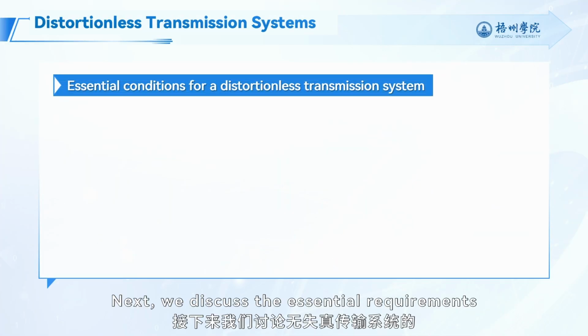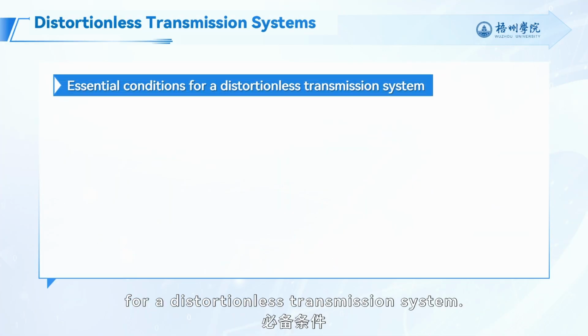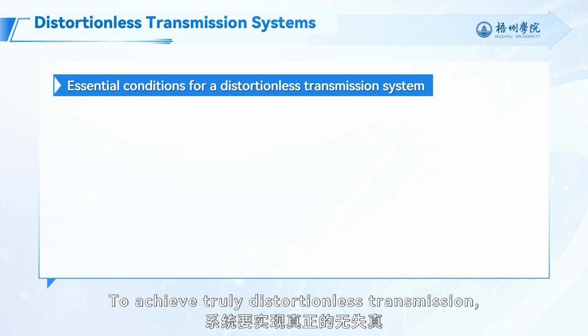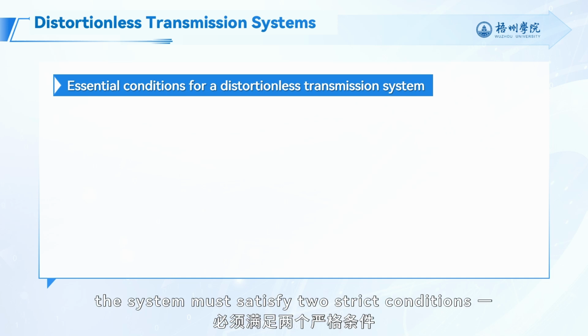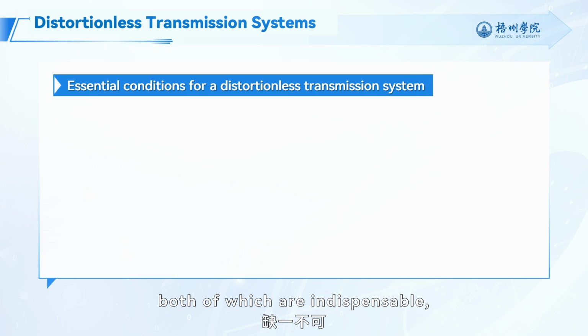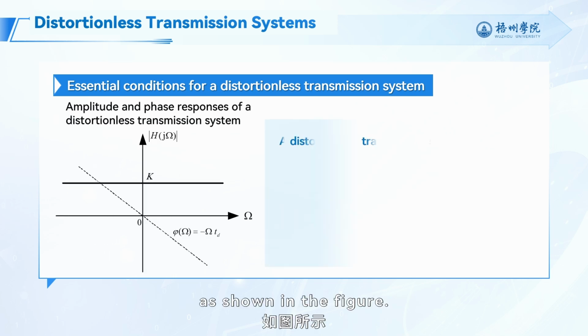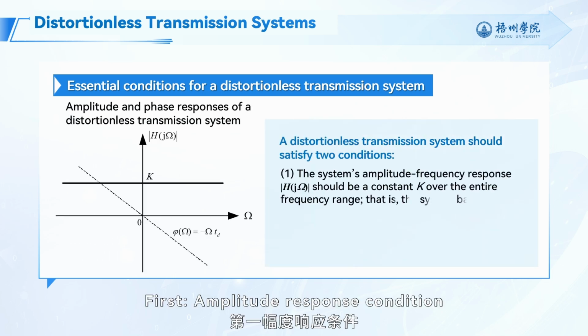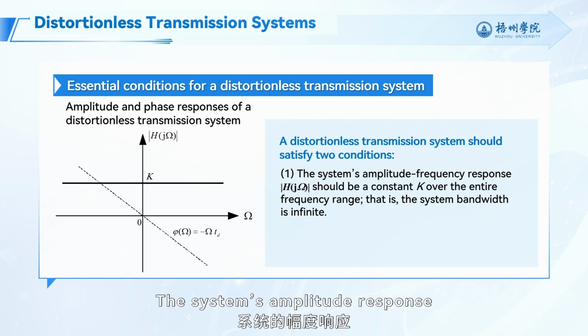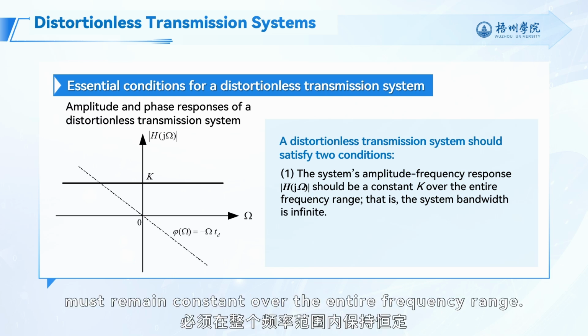Next, we discuss the essential requirements for a distortionless transmission system. To achieve truly distortionless transmission, the system must satisfy two strict conditions, both of which are indispensable, as shown in the figure. First, amplitude response condition. The system's amplitude response must remain constant over the entire frequency range.